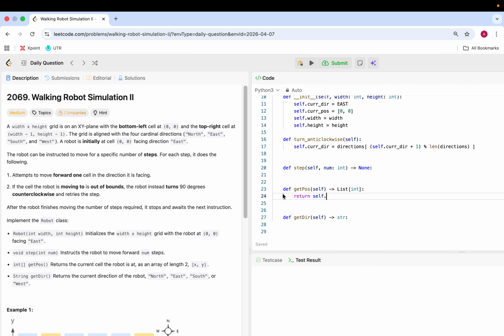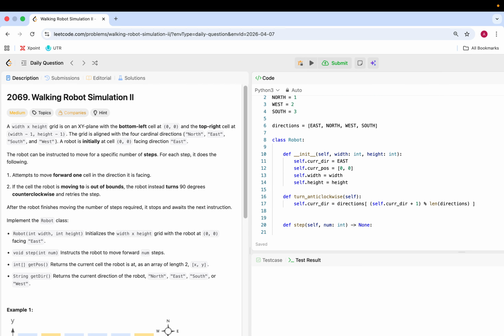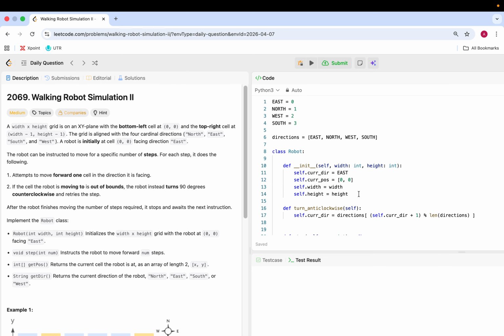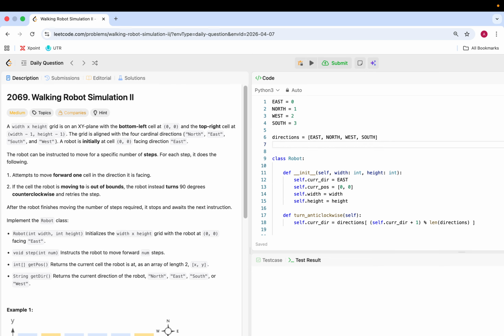Position, is it just a matter of return self.current_position, and then get direction, return directions to string, same idea: east, north, west.